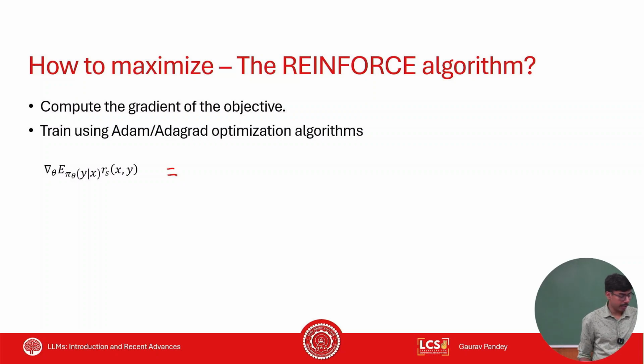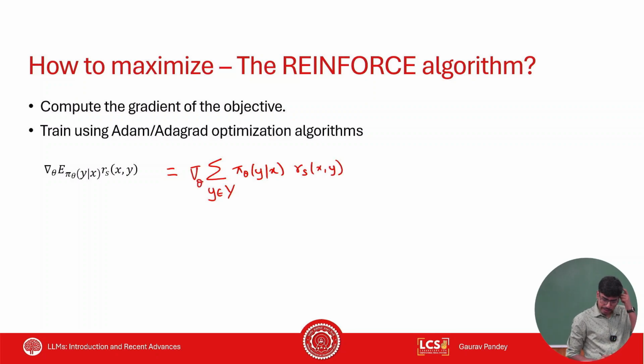So first thing is expand this expectation. You can write this as summation over y belonging to the domain of all possible outputs, pi_theta(y given x) times the regularized reward R_S(x, y). This is the gradient that we want to compute. Then you can take this gradient inside. This reward function is fixed. Let's assume we have already trained the reward function.